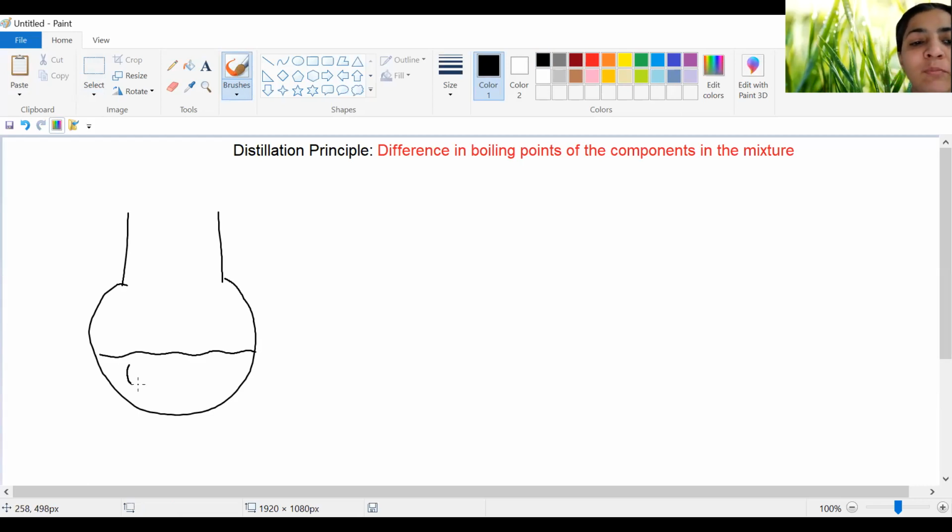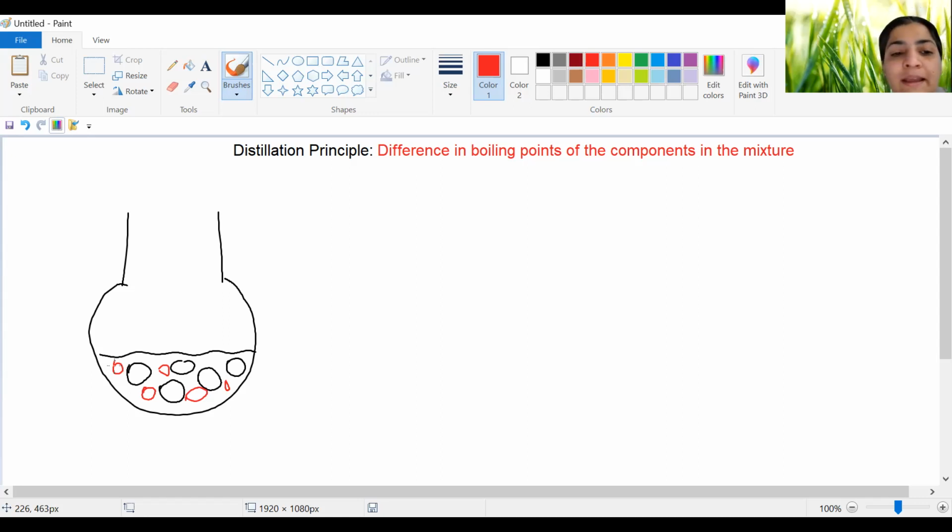Some of the molecules in this mixture belong to one kind of compound, while the other molecules belong to some other compound. And definitely there is a difference in their boiling points.